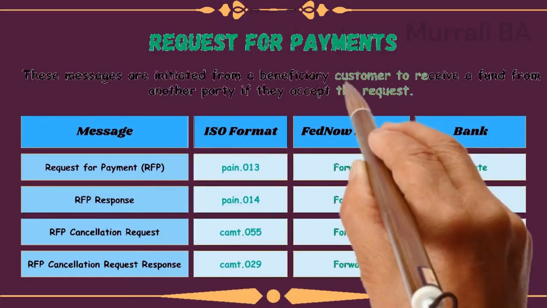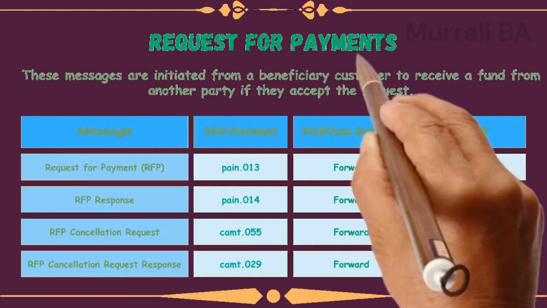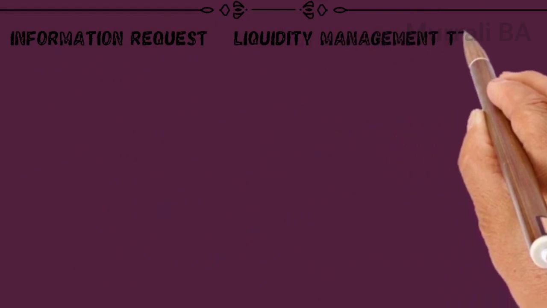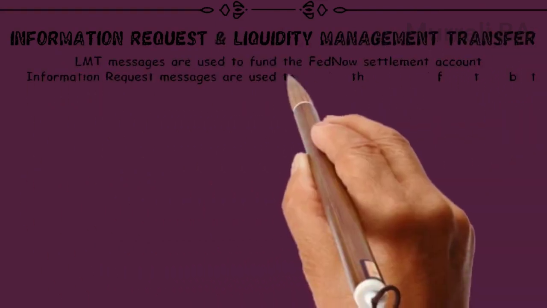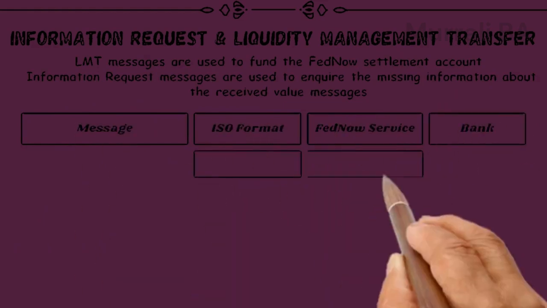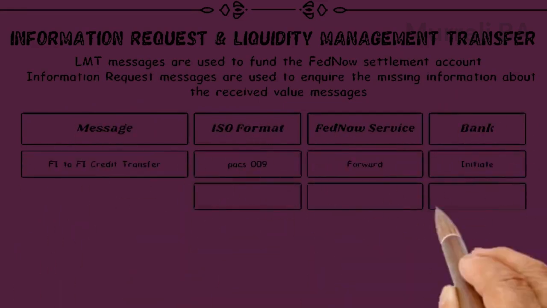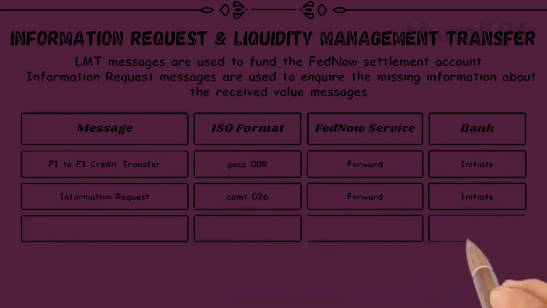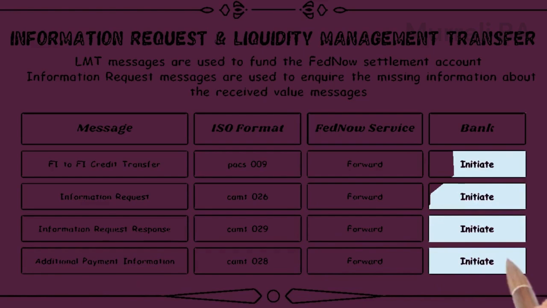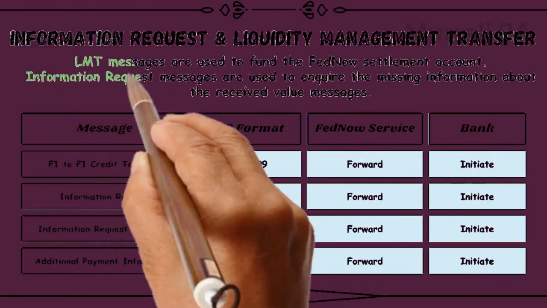The FedNow uses a concept called liquidity management transfer. So the LMT messages are used to fund the FedNow settlement accounts, where every bank has their FedNow account with their central bank, and they need to maintain enough liquidity for settlement purposes. So the FI to FI credit transfer message, PACS 009, is used for funding the settlement accounts.